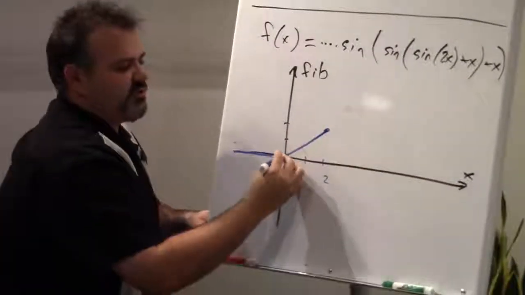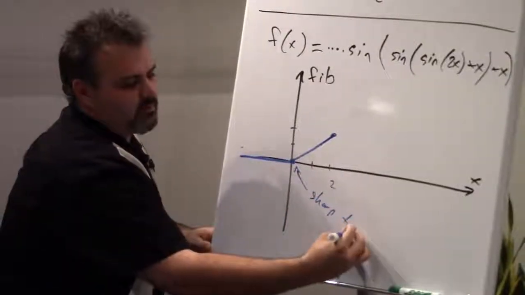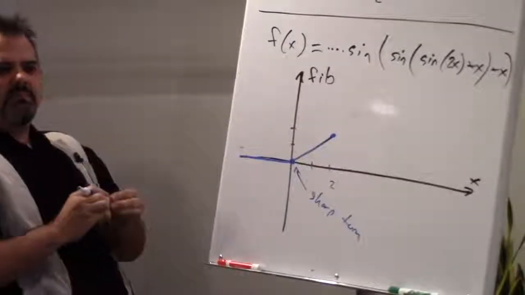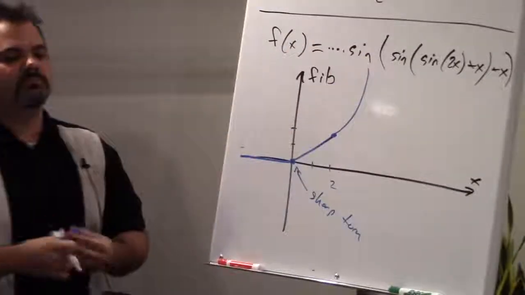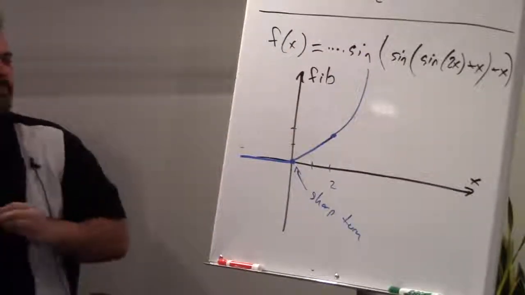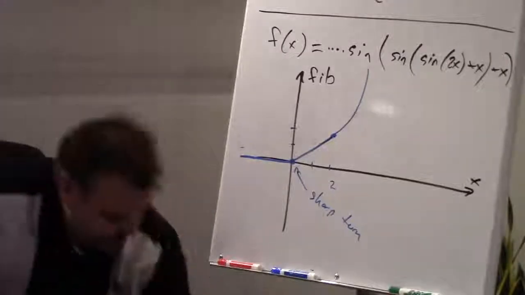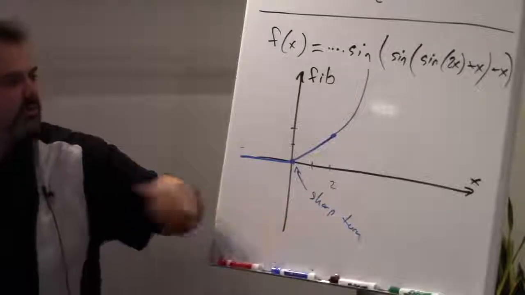So it's a sharp turn right here. And then after that, it's basically kind of an exponential function. It's like a curve like that. Okay? This is like if you tried to graph an exponential curve on like an Atari.